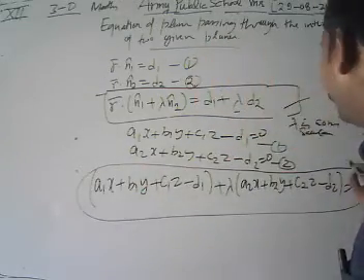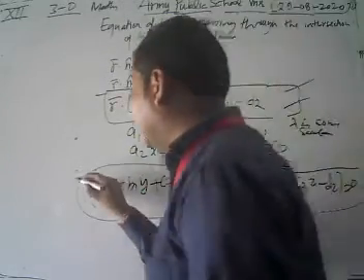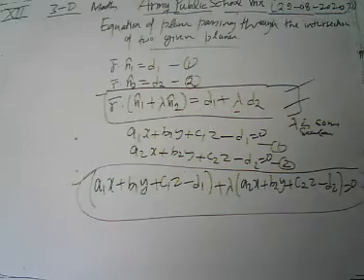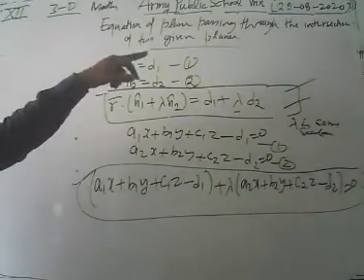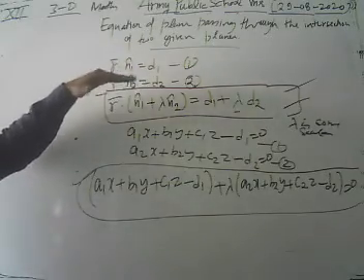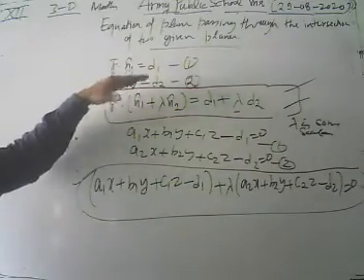This is our Cartesian equation of the plane which passes through the intersection of the two given planes.